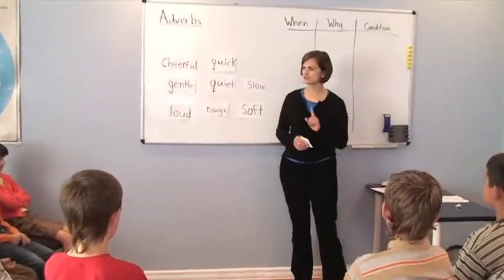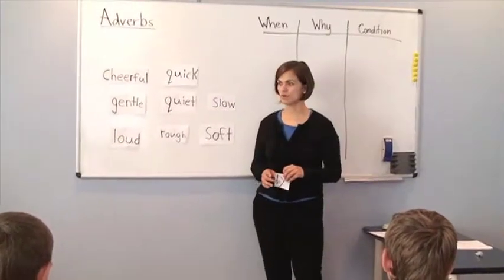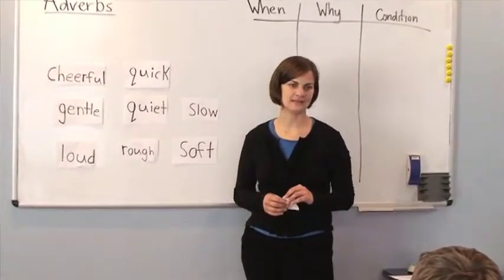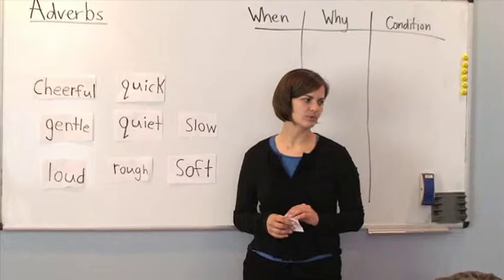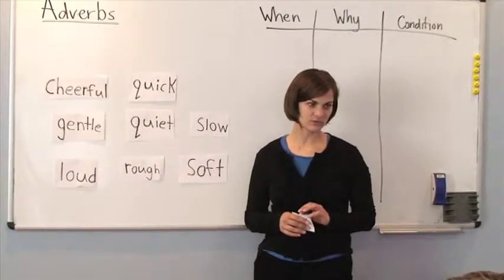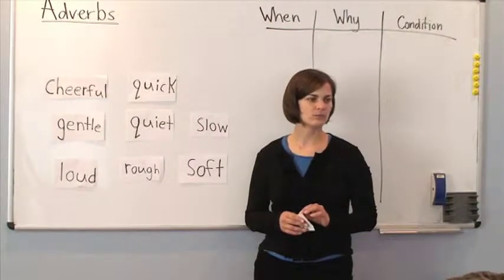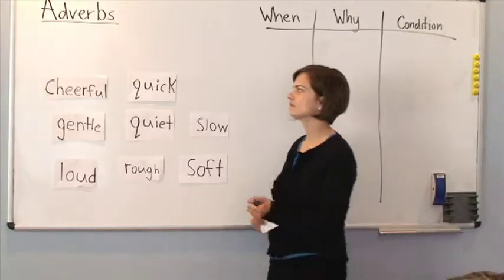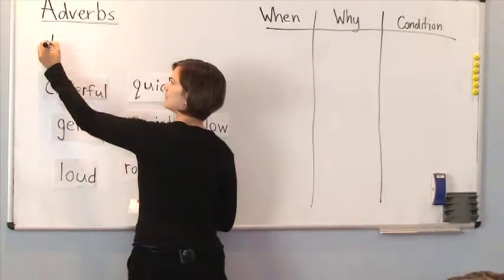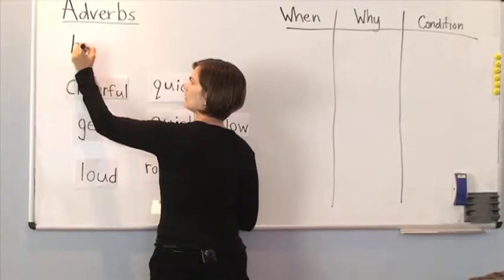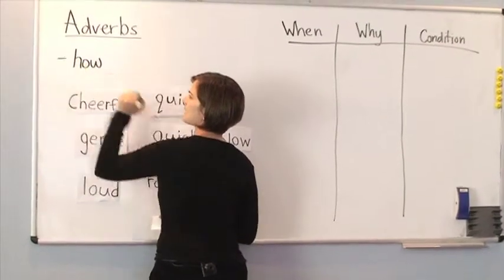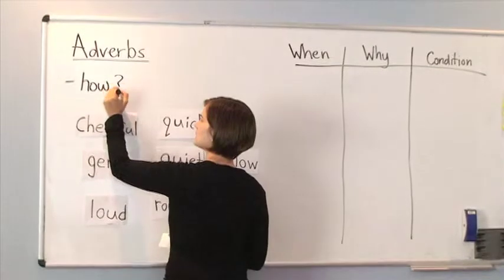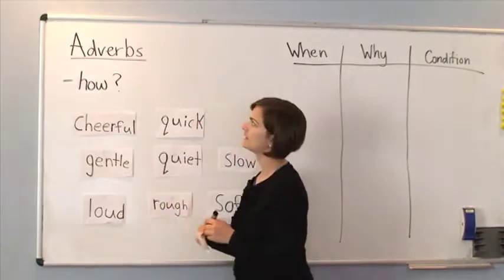So what we're going to do first is review what we learned last class. Last class, we were learning about adverbs, if you recall, and a certain kind of adverbs that tell how something happens. They describe verbs. That's right.